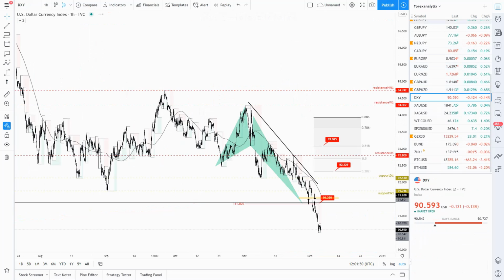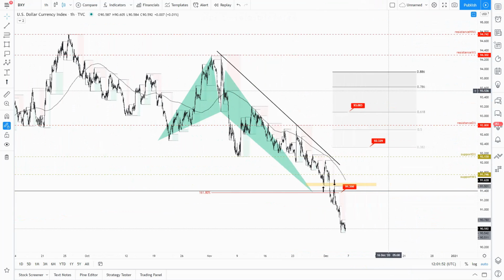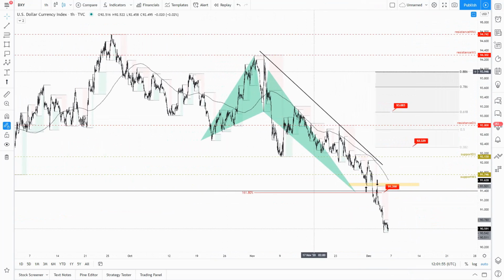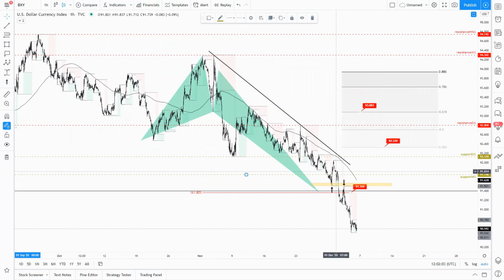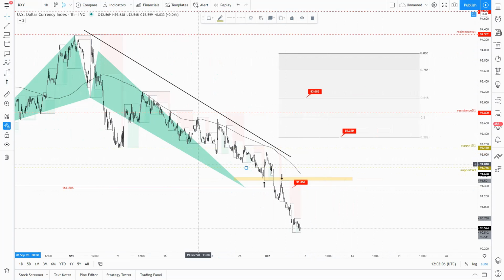Then the Dixie completely failed the recovery of the weekly fractal support. Yesterday I called your attention to this previous structure support level.